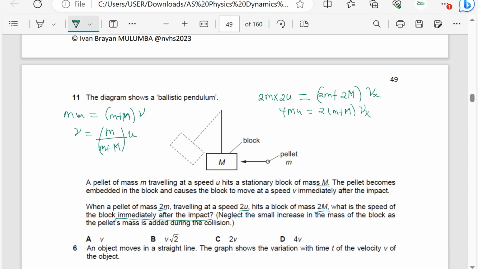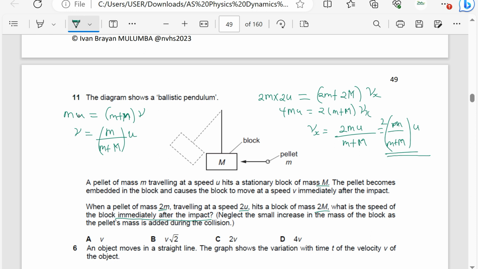So making Vx the subject, Vx is going to be equal to 2mu divided by m plus capital M. And this is the same as m over small m plus capital M times u, then times 2.